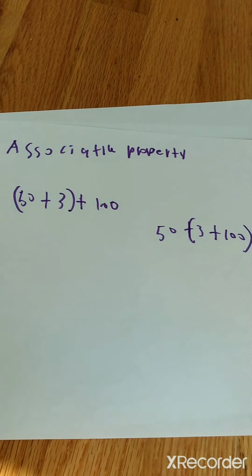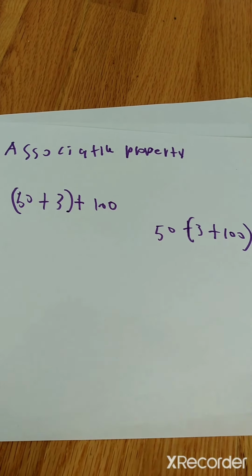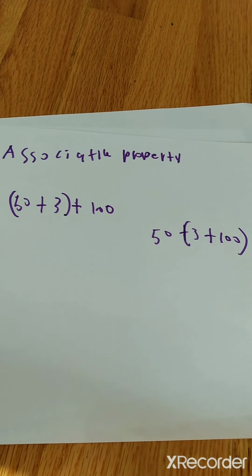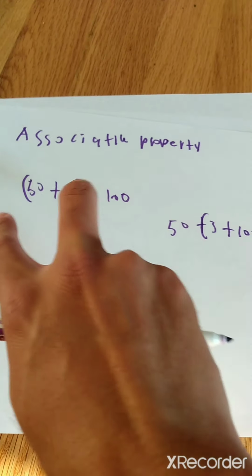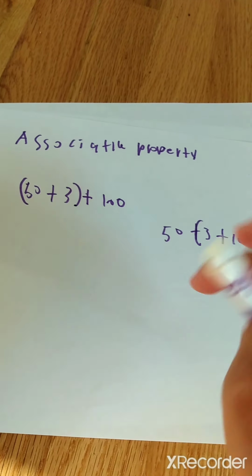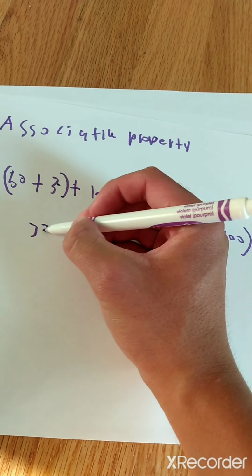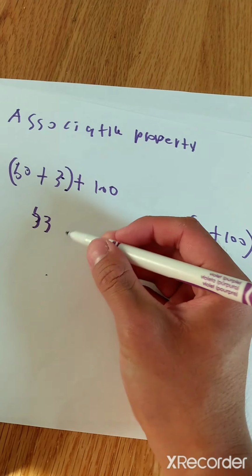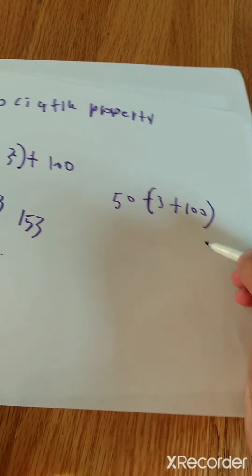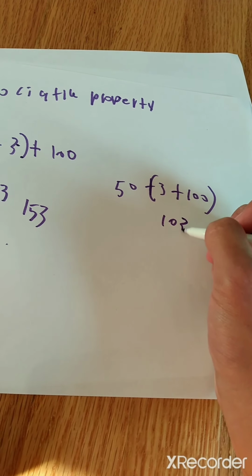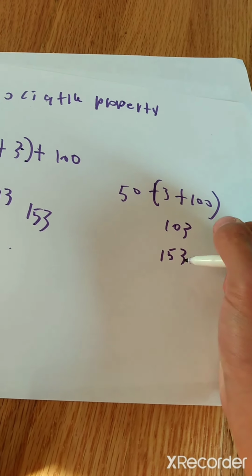So this has a little bit of relativity, or it actually relates to the commutative property, but instead you're moving the parentheses because you gotta do what's inside the parentheses first. 53, 100, that's 153. And with this one, 103 and 50, 153.